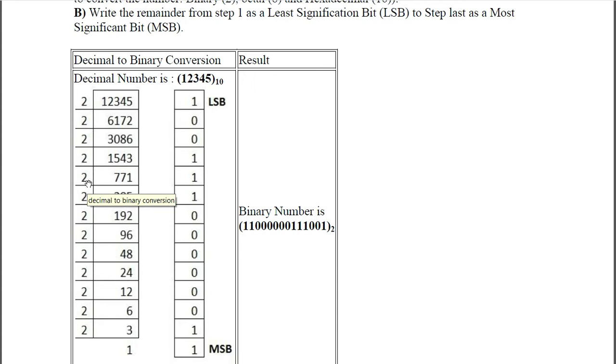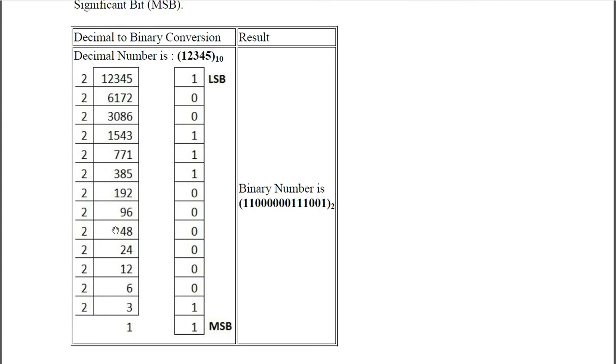We have to divide it by 2, so 385 is the quotient, and the remainder is 1 here. Then 385 divided by 2, 192 will be the quotient, and the remainder will be 1. So we have to continue this dividing process with the number 2 until the quotient becomes 1 or 0.